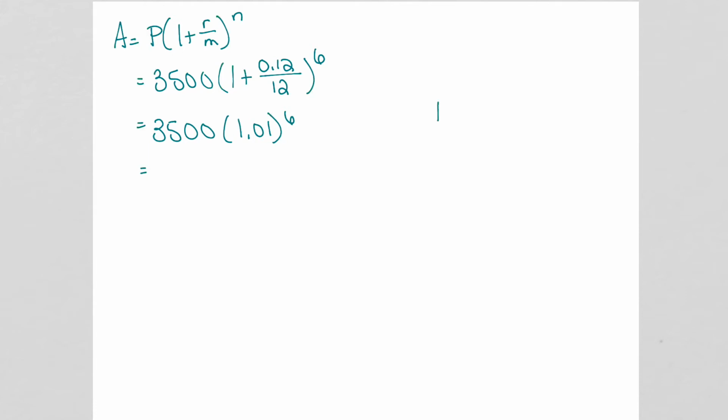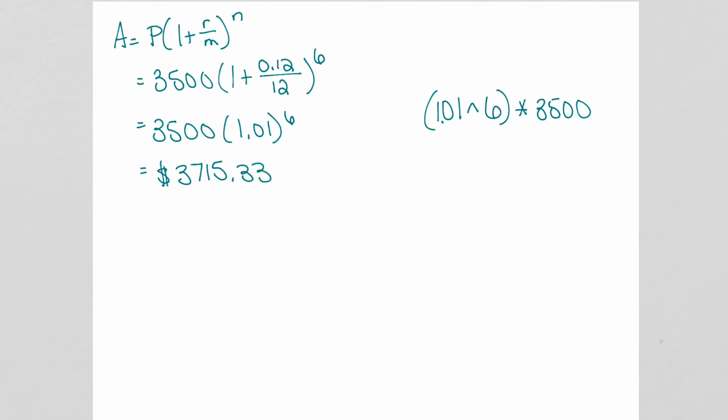So in your calculator, you'll do something like this. And then you would multiply. Of course, if you put it in your calculator just like that, it'll take it, because it does order of operations as long as you have your parentheses correct. So we'll end up with $3,715.33.